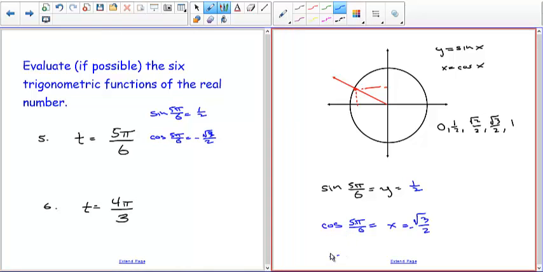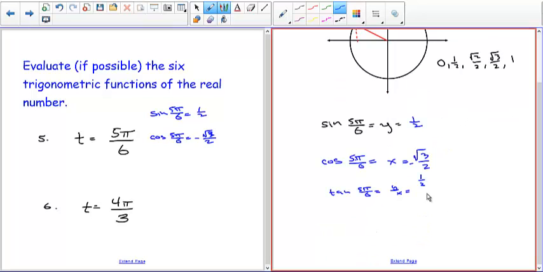The tangent of 5 pi over 6 is equal to y over x. So that's going to be 1/2 divided by negative the square root of 3 over 2. So you see what happened. The 2's cancel out, and you end up with 1 divided by negative the square root of 3.